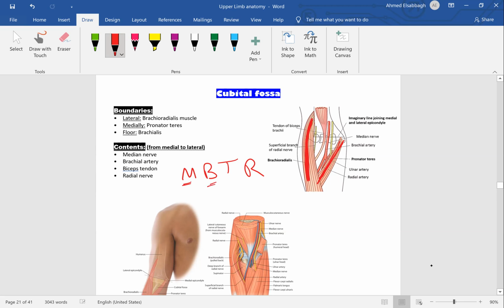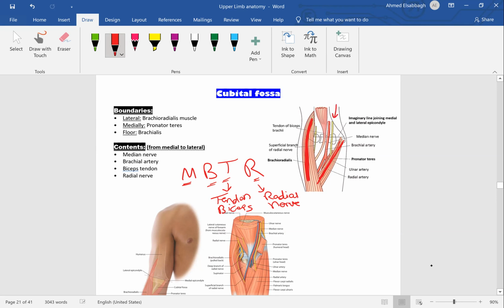B, brachial artery. T, the tendon of biceps. R, radial nerve.